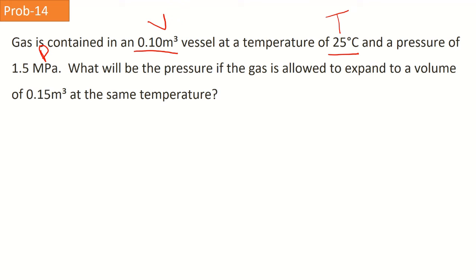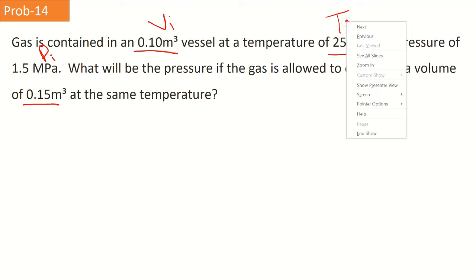So these three data are given. Now what will be the pressure if the gas is allowed to expand to the volume of 0.15 meter cube? The first pressure given is the initial pressure, this volume is the initial volume, and this temperature is the initial temperature.